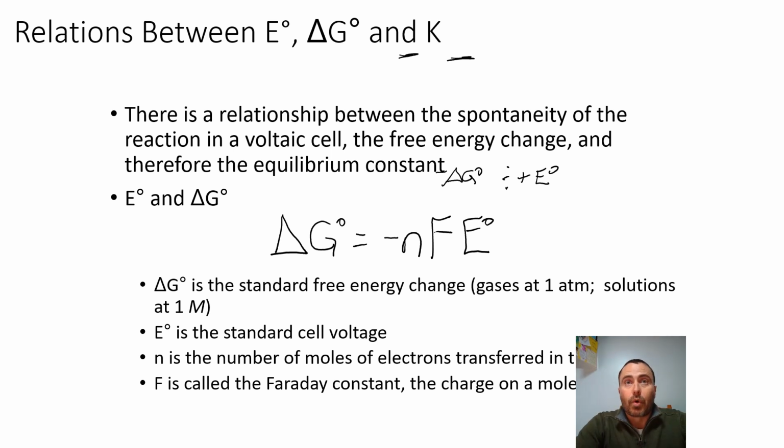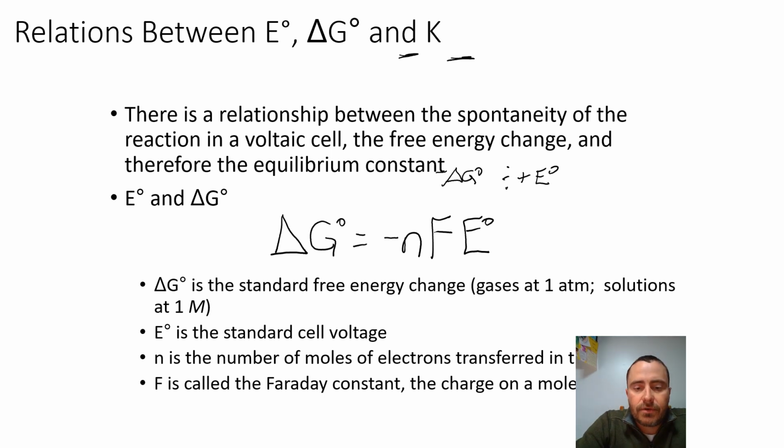What I find is that students really want to say, okay, if the first half reaction gave away 6 moles of electrons, and our second half reaction gained 6 moles of electrons, that means it's 12. No.